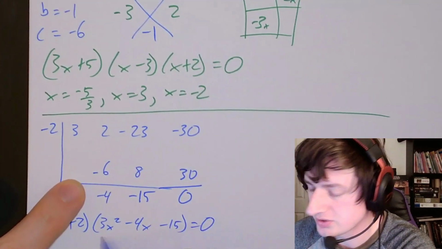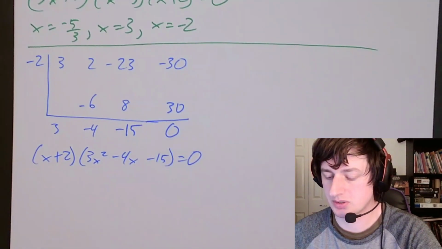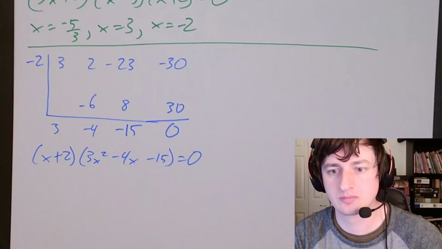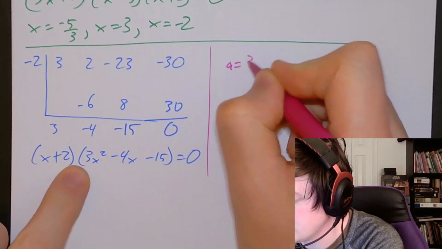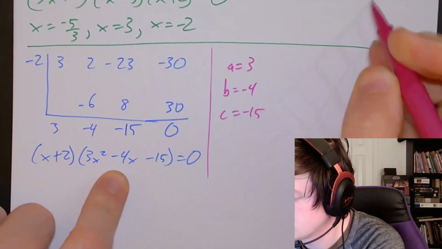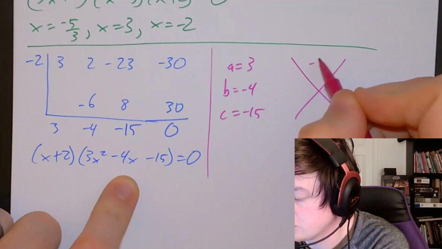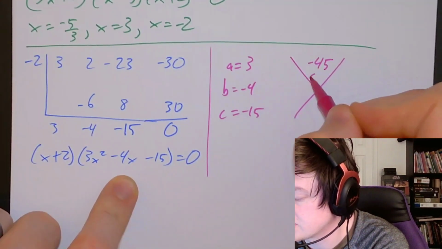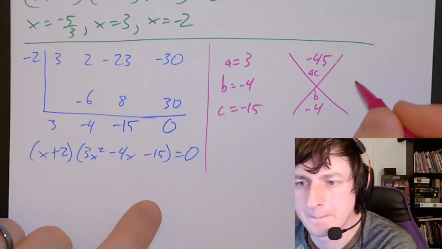Now there's no greatest common factor here. We're going to factor this using the Xbox method. So a is 3, b is -4, c is -15. We need numbers that multiply to make -45, right? It's AC, and add to make -4.